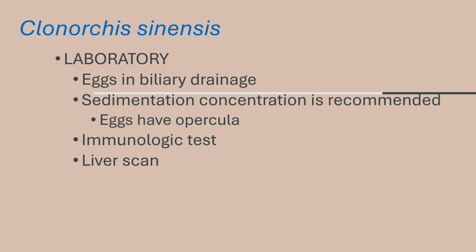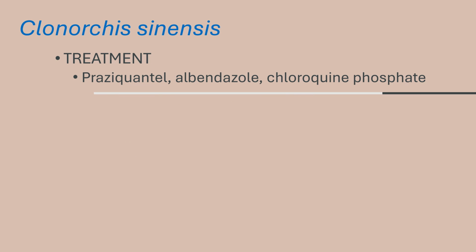They are suspected of having liver trematode infection. As for the treatment, praziquantel is still the drug of choice, along with albendazole and chloroquine phosphate. These are the drugs utilized in clonorchiasis.